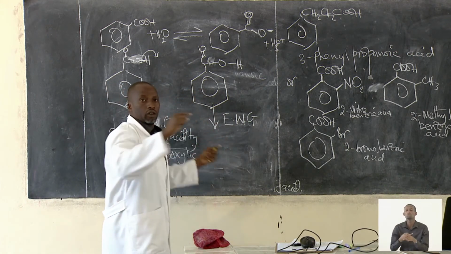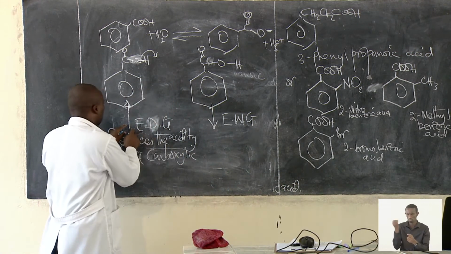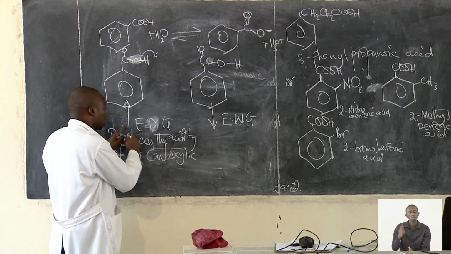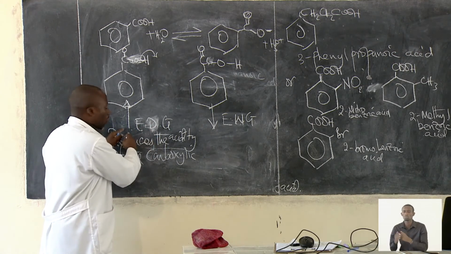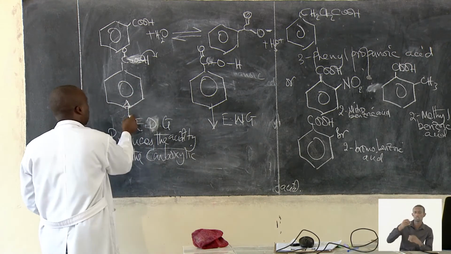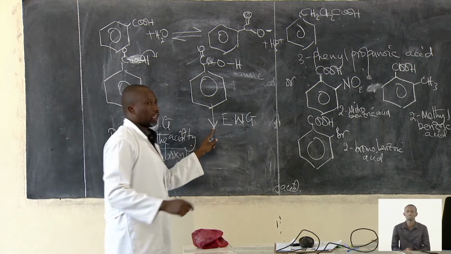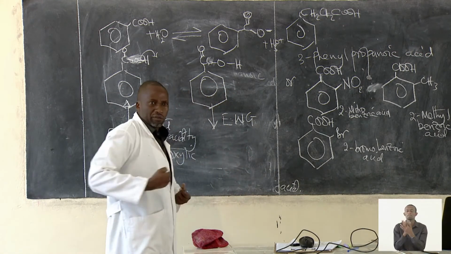Assuming you have, remember those groups that withdraw the electrons. Remember electron donating groups. The methyl groups, we have the OH groups, all those ones donate. Now, assuming here you have a nitro group, it will be removing the electrons.